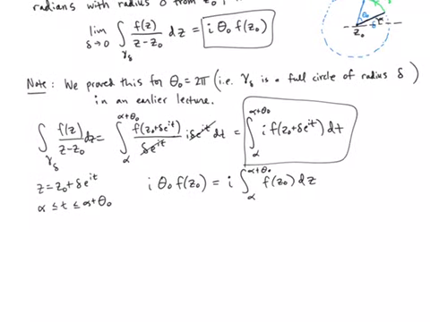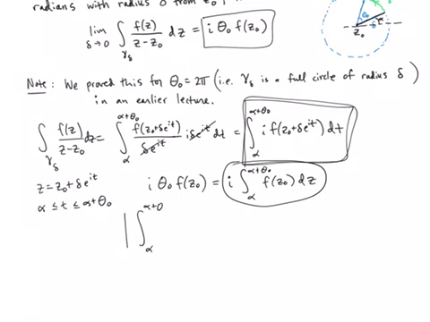So if I look now at the difference between these two quantities that I'm claiming are equal, and I take the absolute value, that'll kill the i's, and so I have the absolute value of the integral from alpha to alpha plus theta naught of f of z naught plus delta e to the it minus f of z naught, d. Oh, excuse me, I'm sorry. This z here was supposed to be a t.